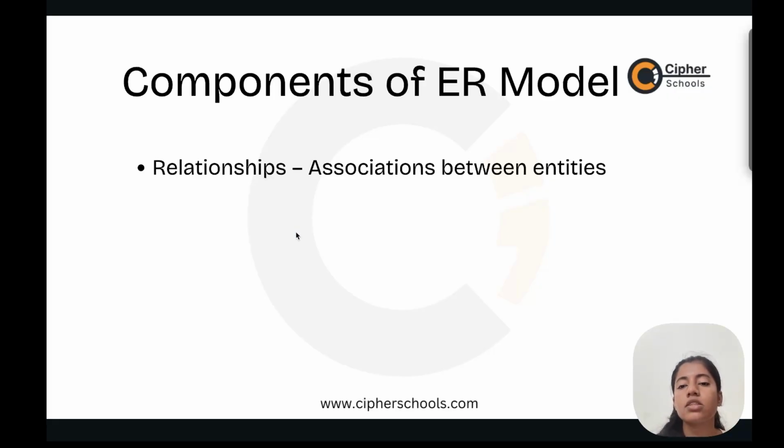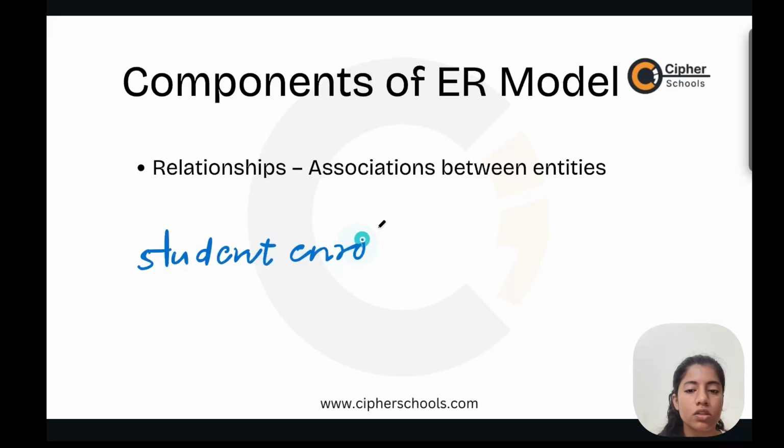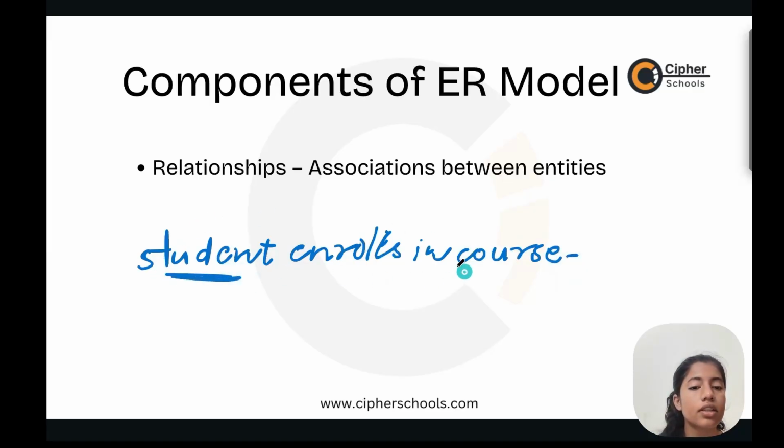The student is related with other entities, like courses. Suppose a student enrolls in a course. So there is a relationship between these two entities, like the student entity is related with the course entity, right? There is a relationship between entities, which we call an association between entities.